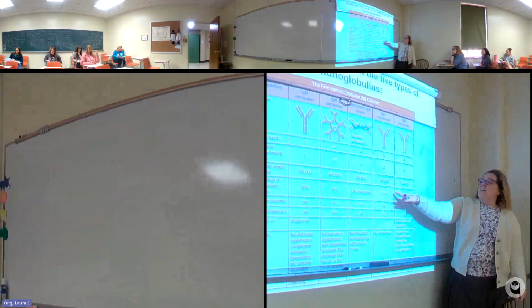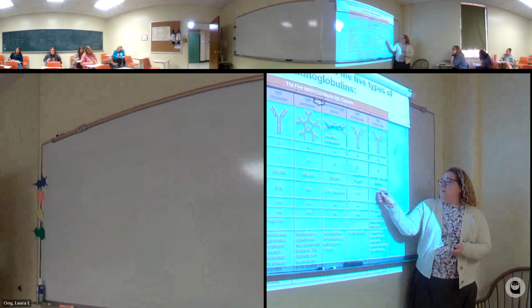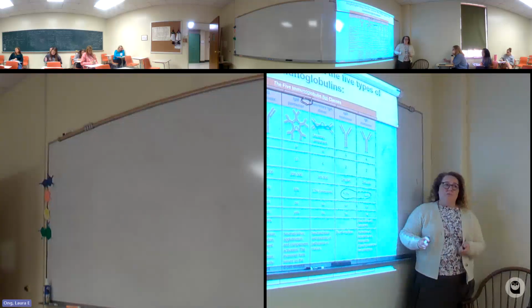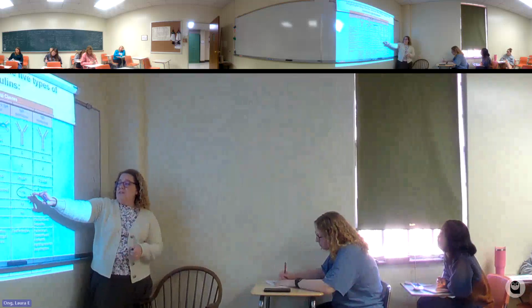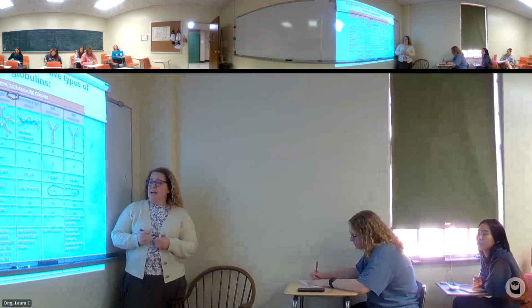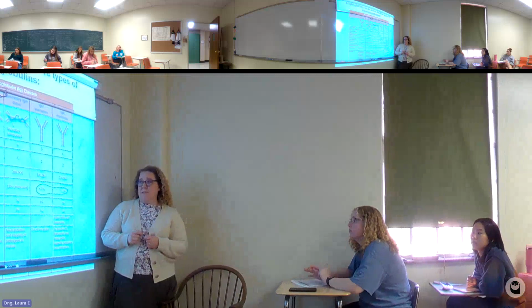If you look here at these last 2 columns for IgE and IgD, we make way fewer of those than the other types. That's because these are for more specialized purposes.